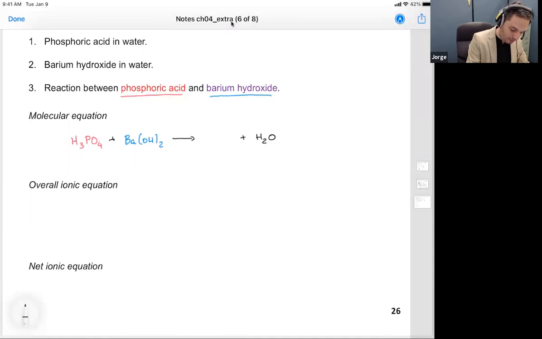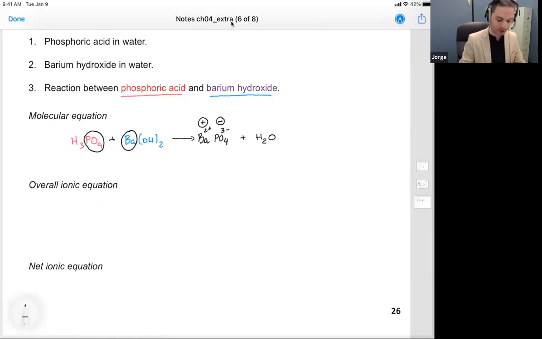For the salt, you always have first your cation, which is always the one that comes from the base. So therefore barium, and we know that's a 2 plus, followed by your anion. And that's always whatever is not hydrogen from the acid, which in this case is PO4, and we know that the charge is 3 minus.